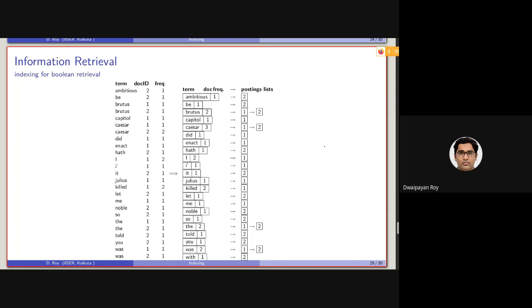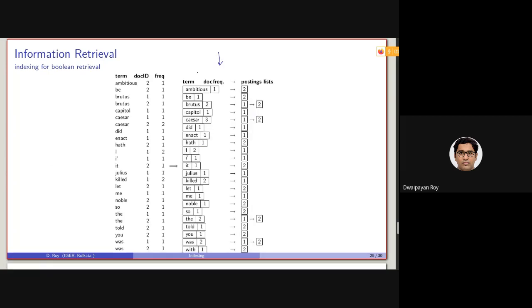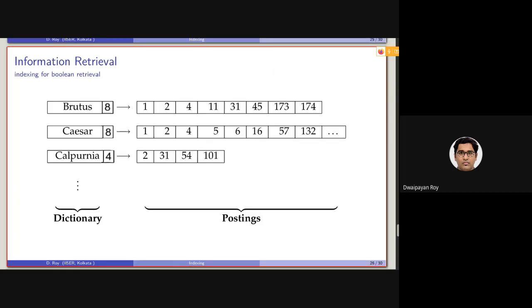So this was the ultimate thing that we will be indexing, which is the inverted list or inverted index. If I zoom into this part, it looks like this. Here we are storing the term itself, T, and the document frequency of the term.